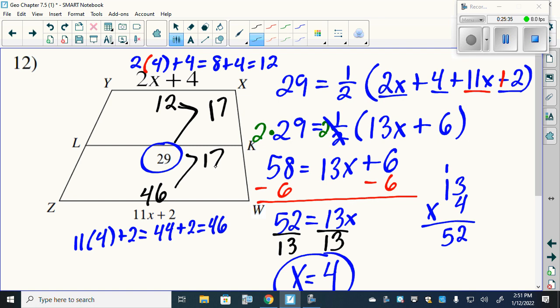Not always, because see here, 12 and looks like it. Looks like most of it would be even.